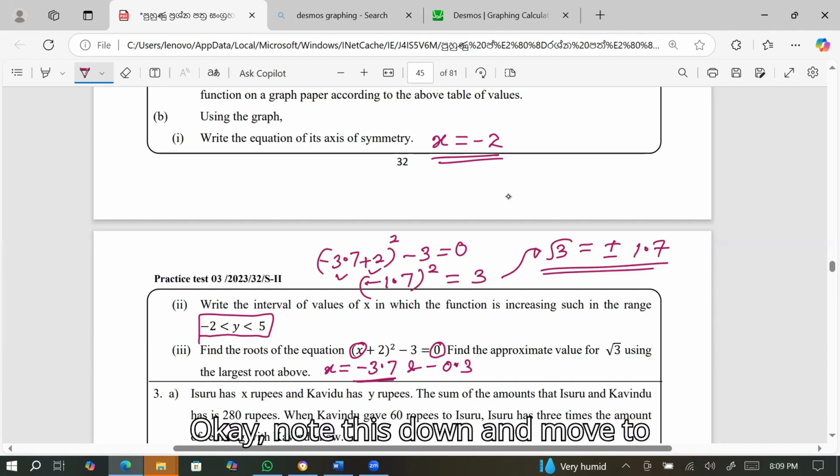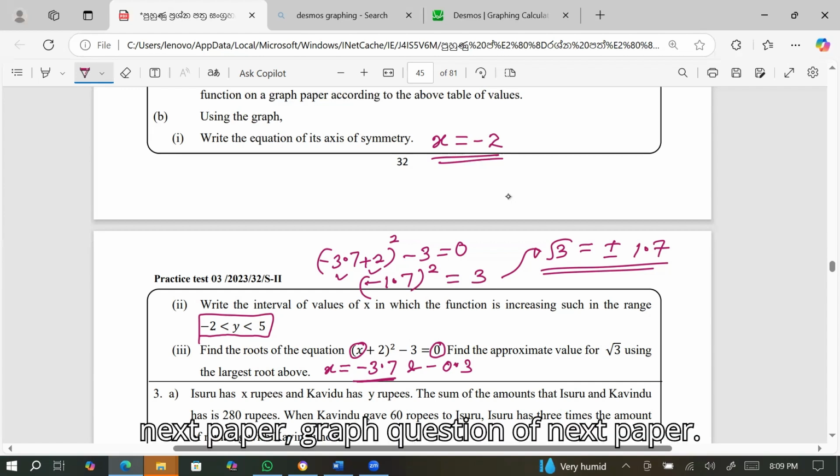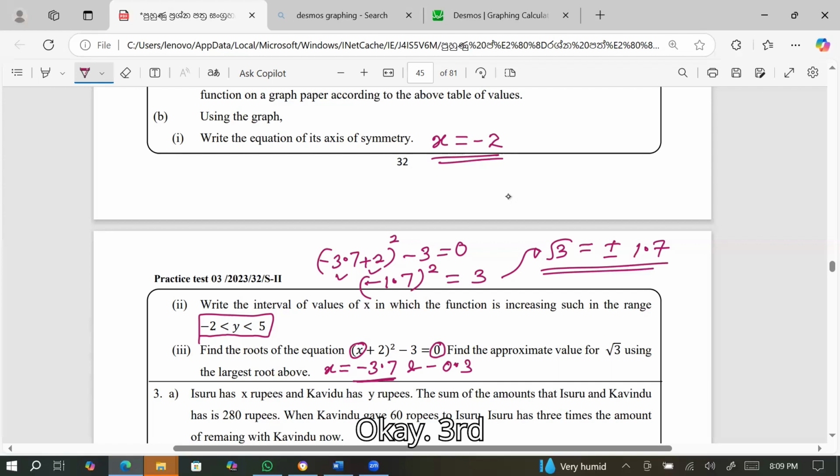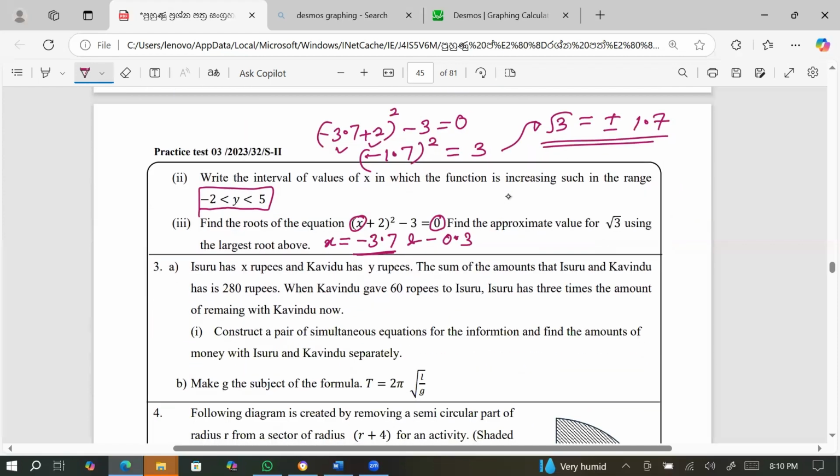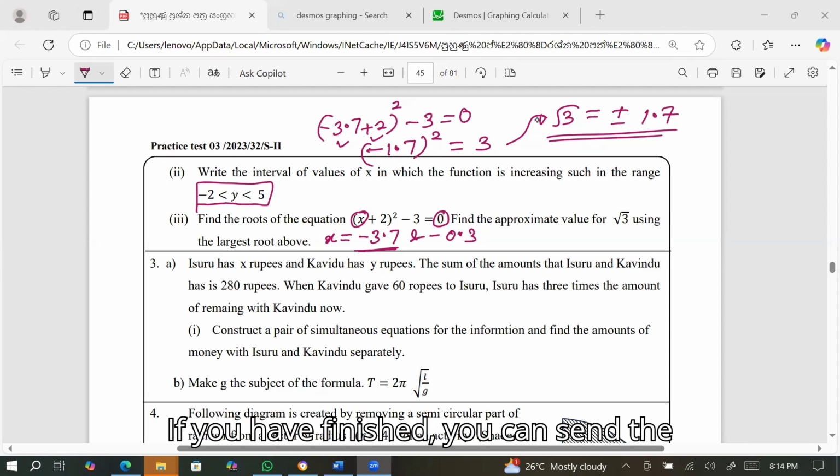Okay, note this down and move to the next paper's graph question. We have one more paper, right? Finish writing that, and then let me know once you have finished, and we will do the next one. Okay kids, do the third question. If you have finished, you can send the answers.